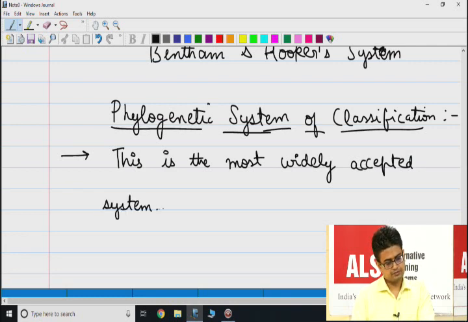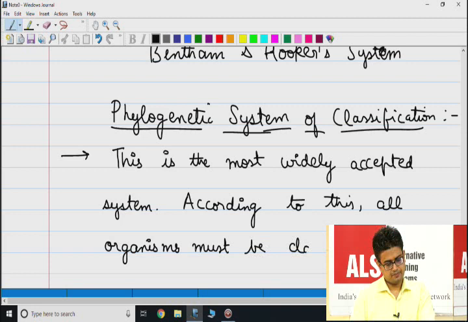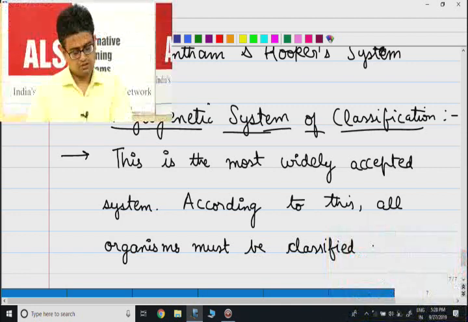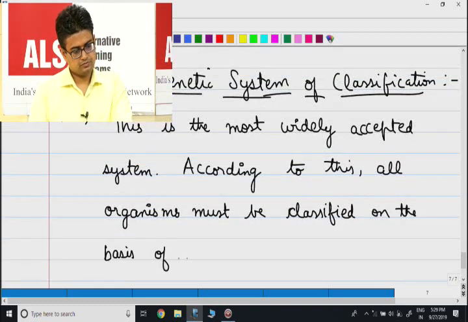According to this, all organisms must be classified on the basis of evolution.